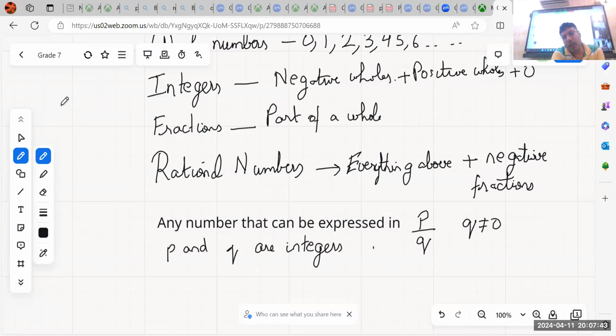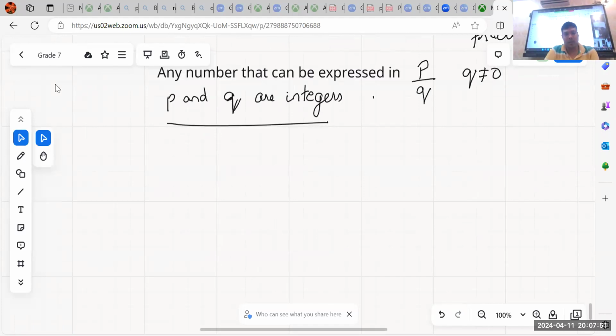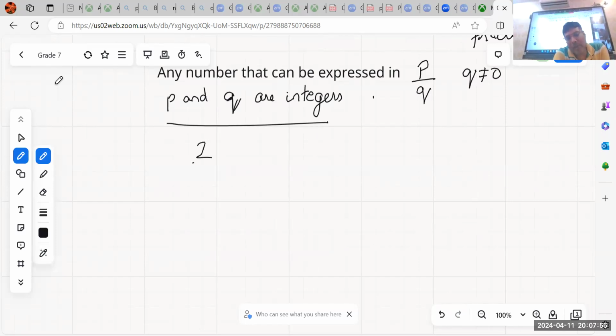So let's see some examples. 2 by 3, rational number or not? Yes.